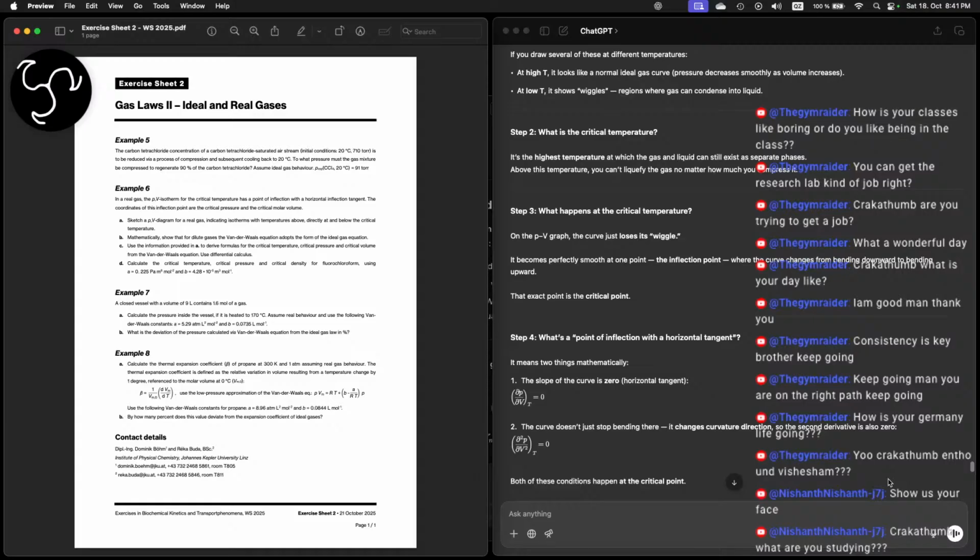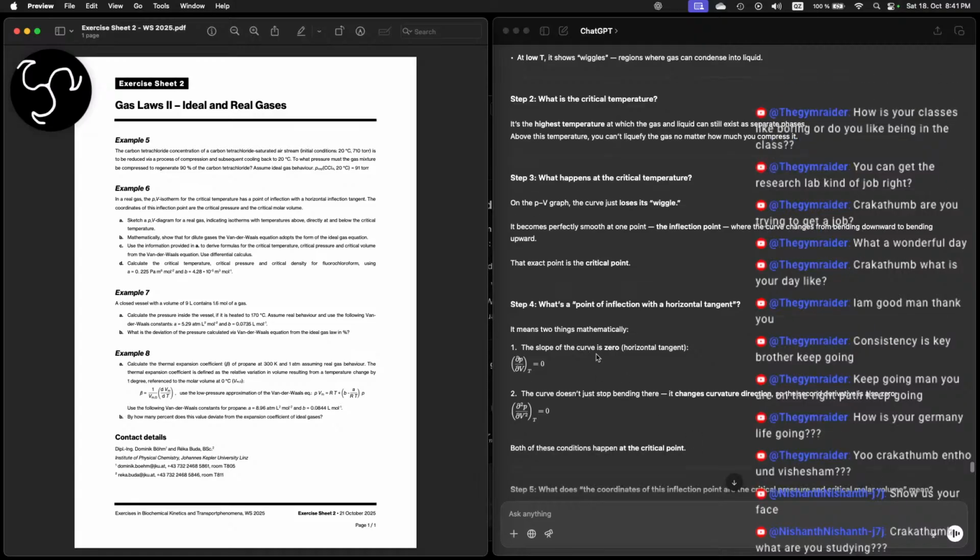What's the point where the slope of the curve is zero? Horizontal tangent. The curve doesn't just stop bending there, it changes curvature direction, so the second derivative is also zero. Both these conditions happen at the critical point.